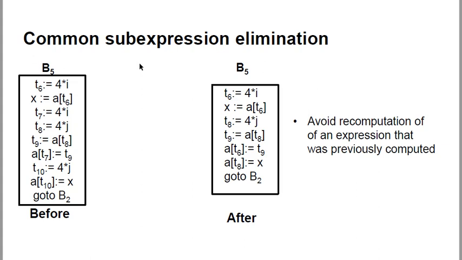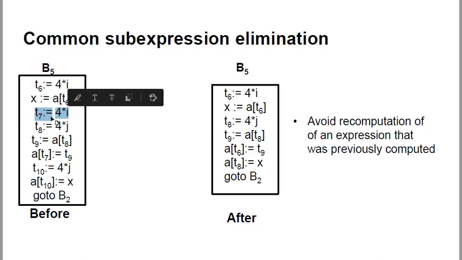For example, you can see one example given here in this basic block B5, where there are some common sub-expressions. You can identify them. Here, the assignments to T7 and T10 have common sub-expressions. In the assignment to T7, we have already previously computed 4 into i and stored it in T6, so we need not compute T7 once more.